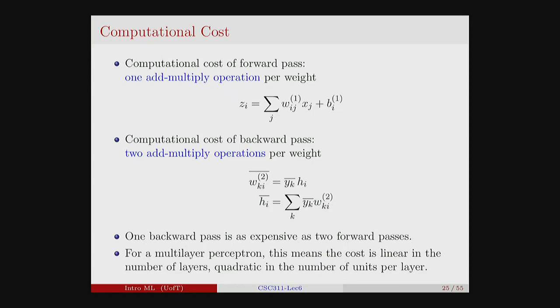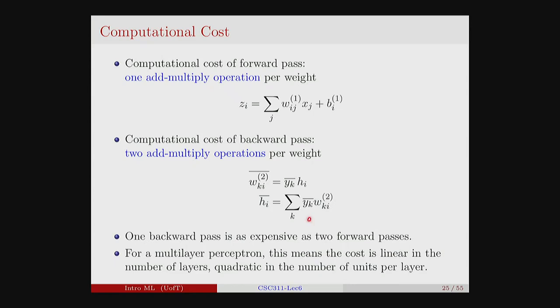Well, for every forward pass, you have one add multiply operation per weight corresponding to the linear layer. But for every backward pass, you actually have two add multiply operations. The first one is when you multiply the error signal that's coming from the loss with the local gradient associated with the child node.